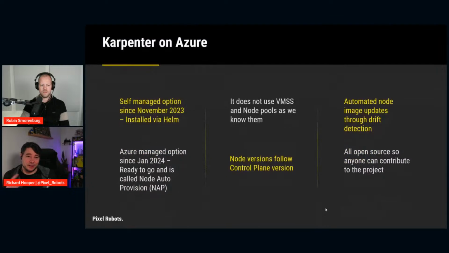So Karpenter on Azure is slightly different to Karpenter on AWS because, one's AWS, one's Azure. On Azure, we actually have 2 versions of it. The self-managed option, which is installed via Helm, and that's from November 2023. That came out around about the time of KubeCon. And then since about January this year, the node auto provision has come live, and that's the AKS managed offering.